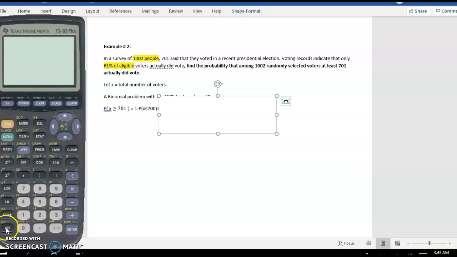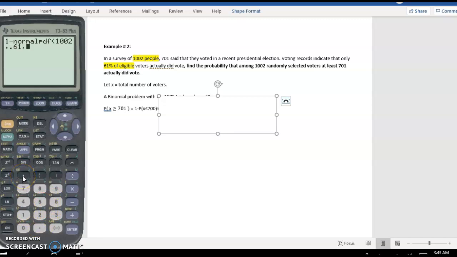Calculator wise, we're going to be evaluating 1 minus, and to evaluate less than or equal, we have to use the binomial code, the binomial CDF. So 1002 for the value of n, and the probability of success is 0.61.